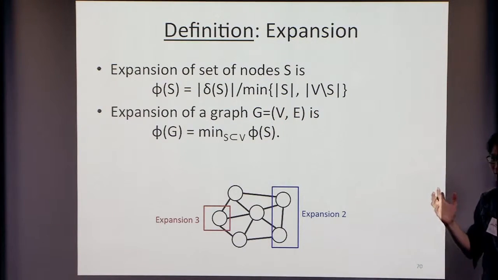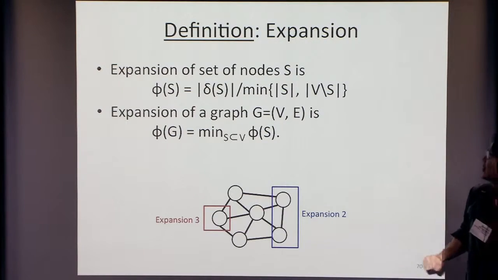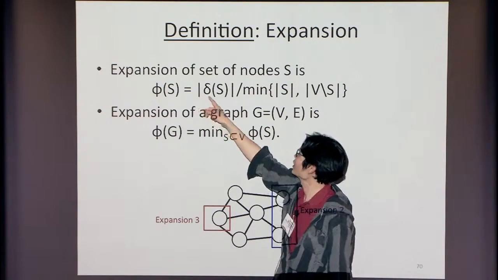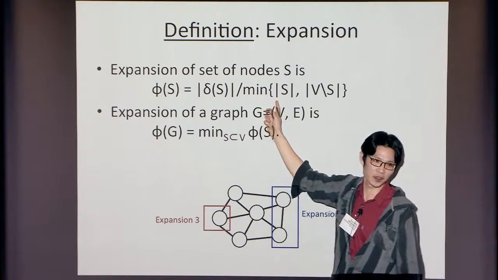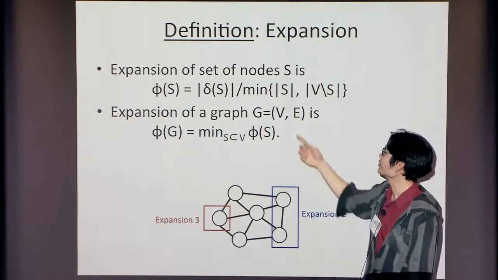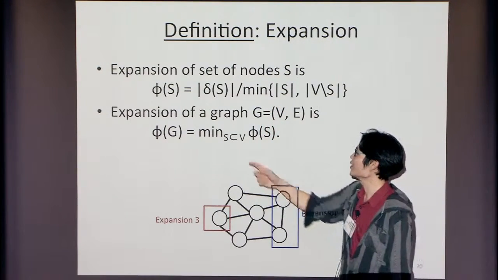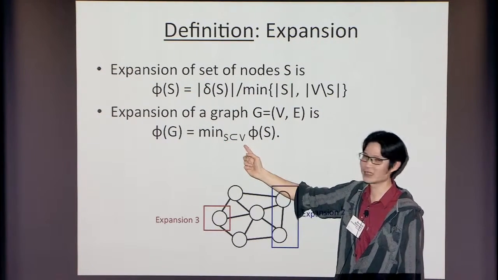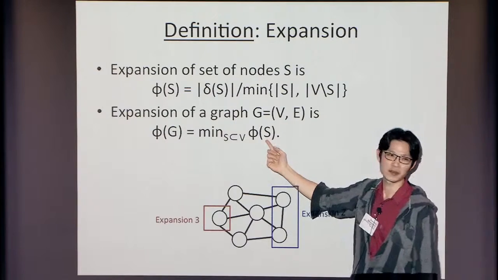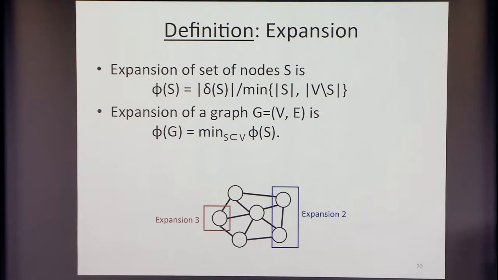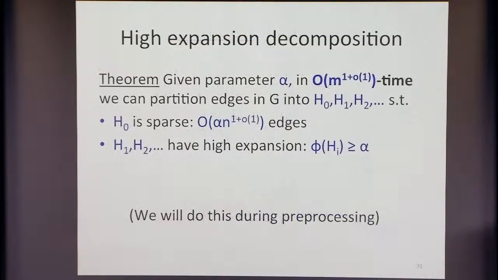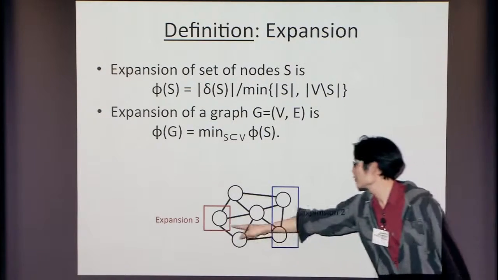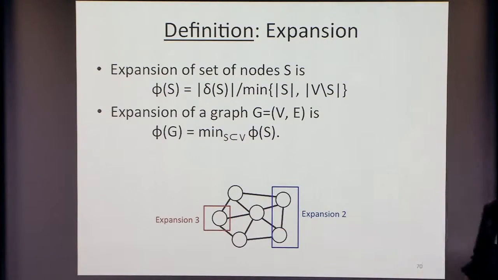So if you imagine that S is smaller than n divided by 2, then it's just the number of edges divided by the number of nodes. And the expansion of the graph is just the minimum of that, the minimum among all the S in the graph of phi of S. Okay? So that's the usual definition. Oh, and this is an example. So it's 3 here and it's 2 here.